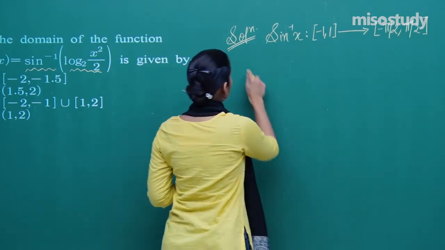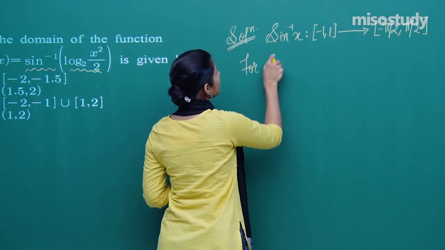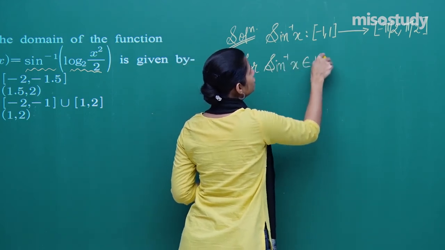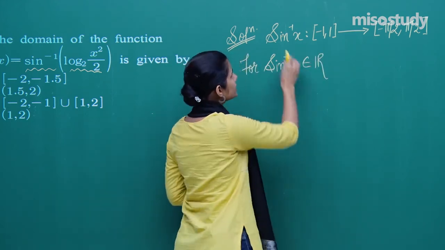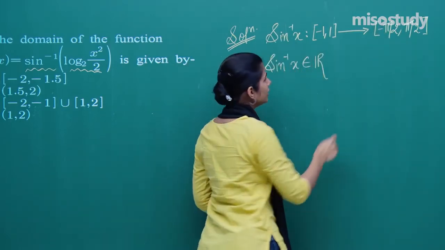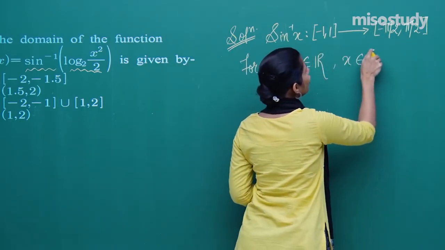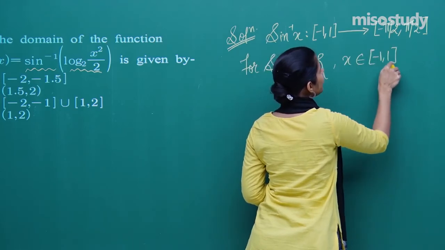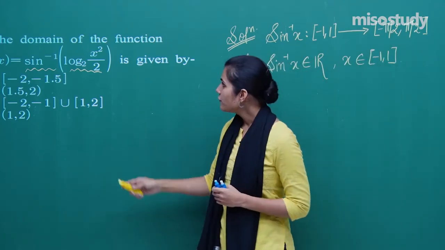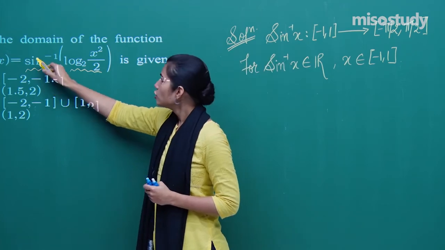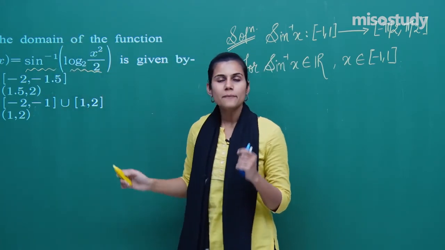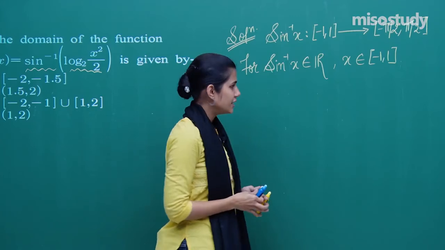That means for sine inverse x to belong to the reals, or to belong to [-pi/2, pi/2], x should come from the valid domain for sine inverse, which is [-1, 1]. Therefore, for sine inverse to act upon something, this something should come from the domain of sine inverse.